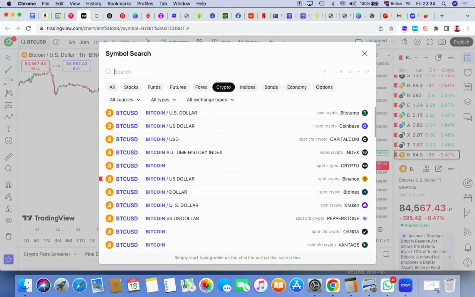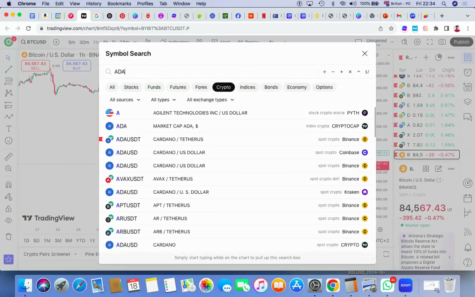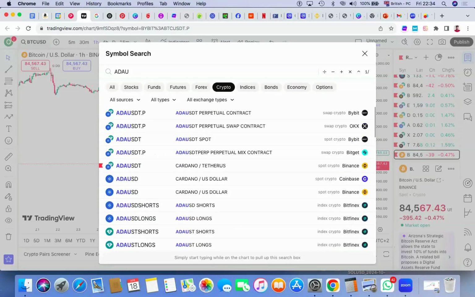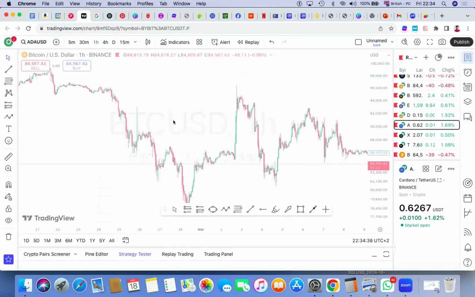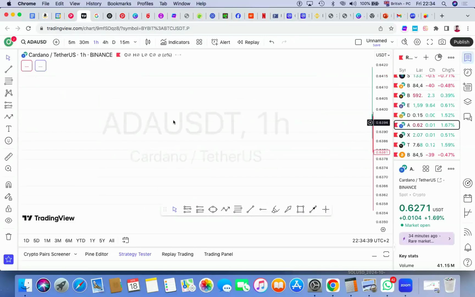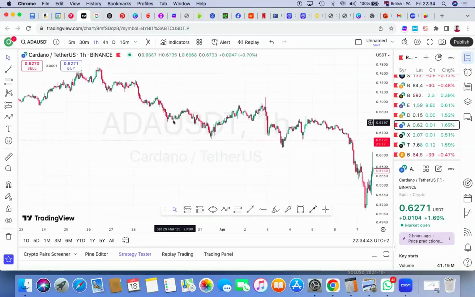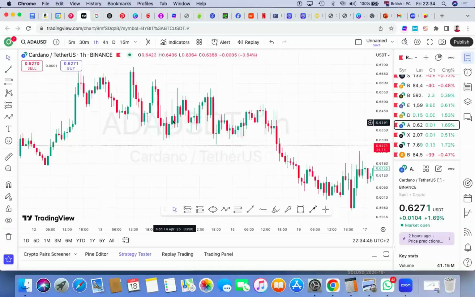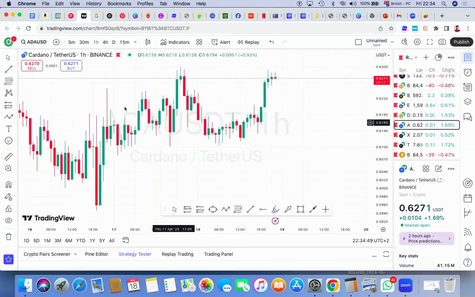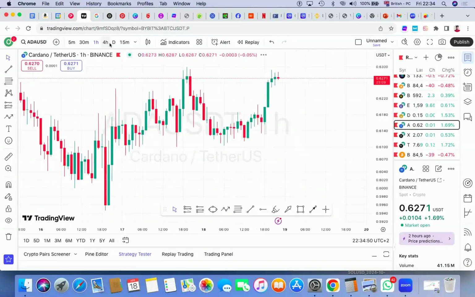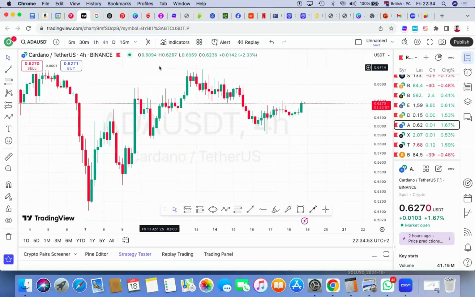Let's use ADA. In this case, let's use the 4 hours time frame and see.